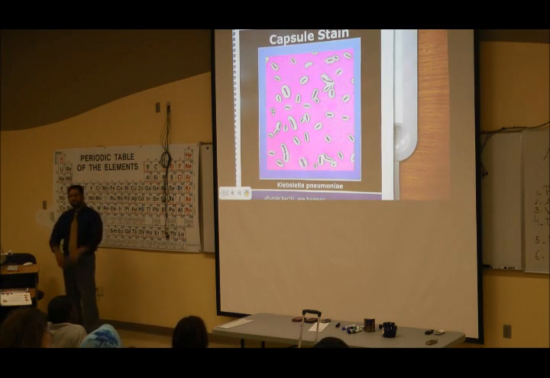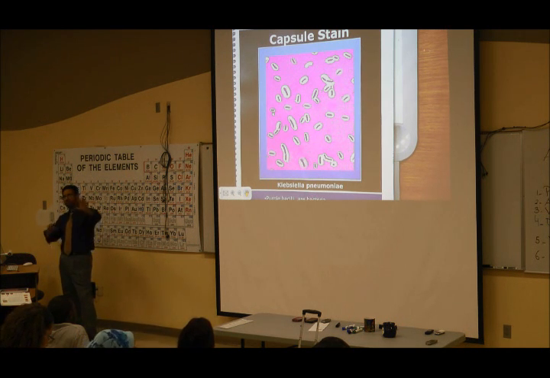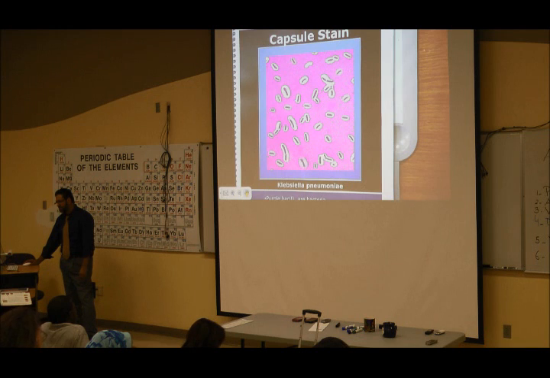Capsule. Stain the background. Beautiful contrast. Stain the bacteria, stain the background. Beautiful, excellent contrast. So it's a combination of two stains actually. You stain the bacteria and you stain the background. But you can never stain the capsule because they have no charge. It's just like a clear halo.